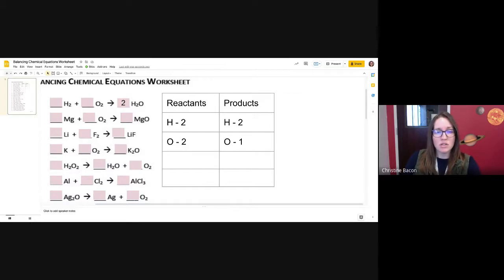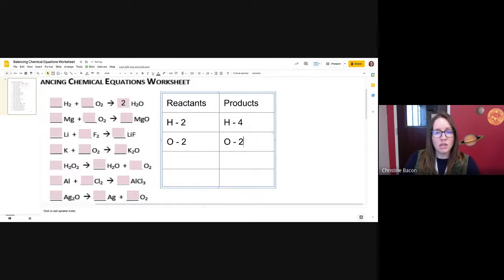So this 2 multiplies my hydrogen atoms by 2. I have 2 already, times 2 equals 4. And this O has an imaginary 1. Remember, we don't write a subscript for 1 atom in a molecule. So 2 times 1 is 2.